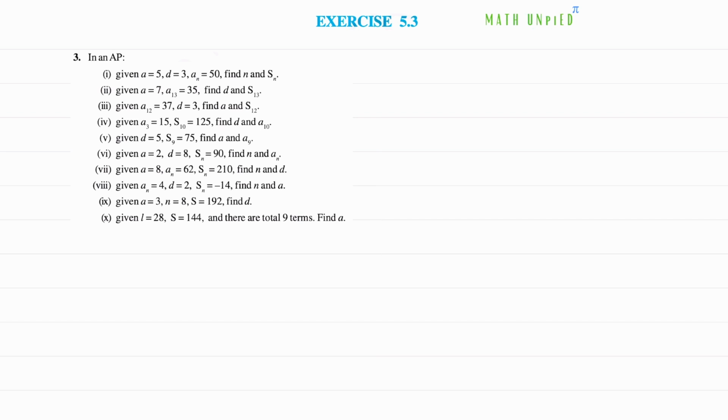Now let's move on to subdivision 2. Here a equals 7, a13 or 13th term is 35, and we have to find d and S13 or sum of 13 terms. So an is given by a plus n minus 1 times d, or an, which is 35, is given by 7 plus 13 minus 1 times d.